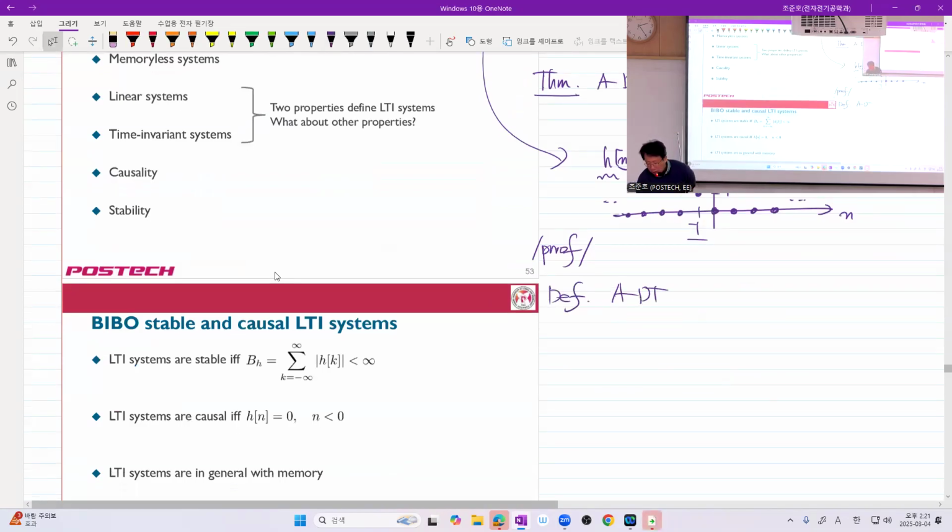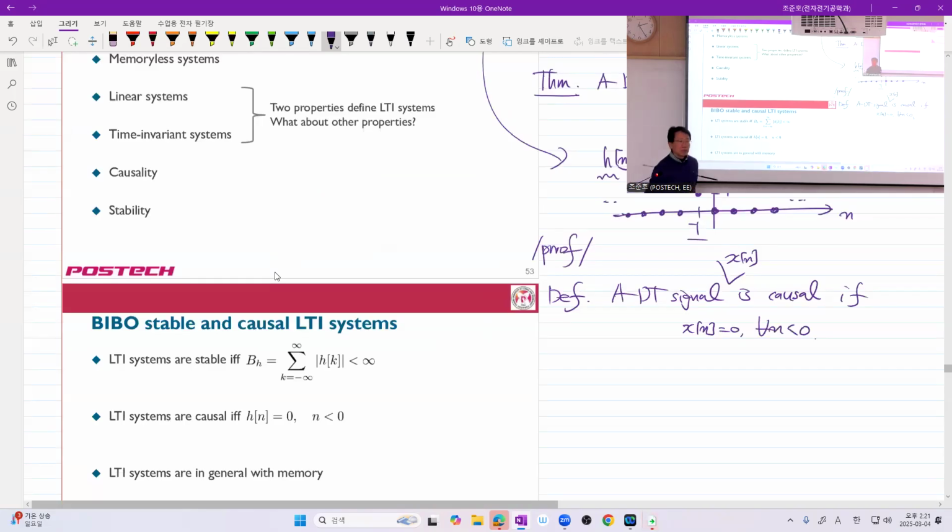A DT signal is causal. This is actually just for convenience, okay? Because a signal itself does not cause anything. This is just for a convenient definition. If a DT signal x of n, x[n] equals 0 for all n negative.